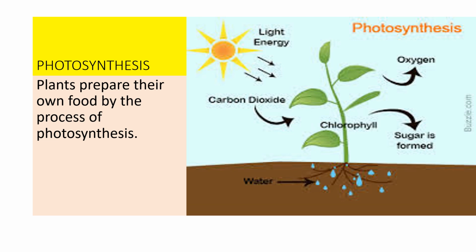The plant uses some food for its own growth and repair of worn out cells. Extra food is stored in different parts of the plant. This is used by animals and humans.